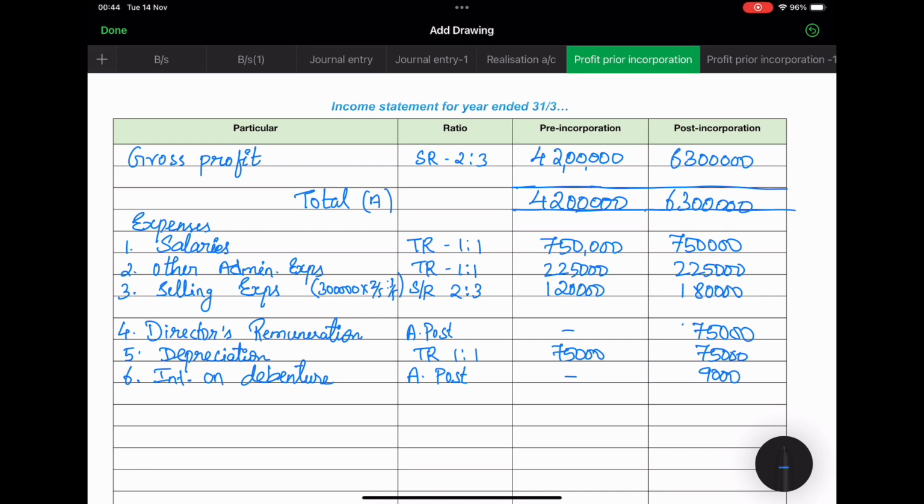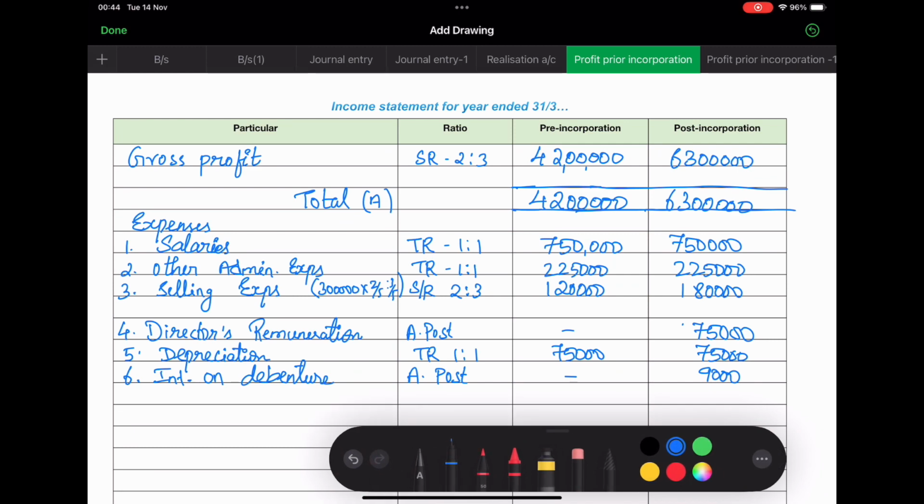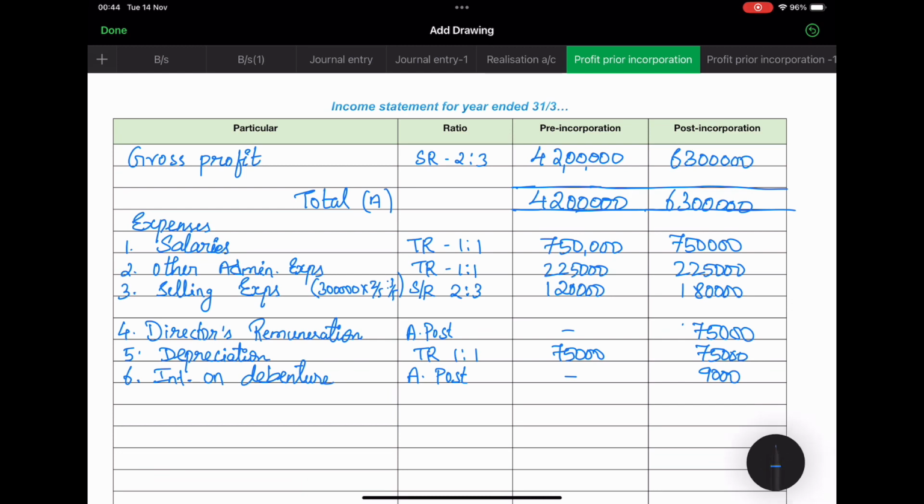Now we are supposed to calculate total B. We can write it like that, or else, as in previous videos, I have taken the total over the last total column and deducted the above expenditures. If you're getting confused in that method, I'll let you know now.